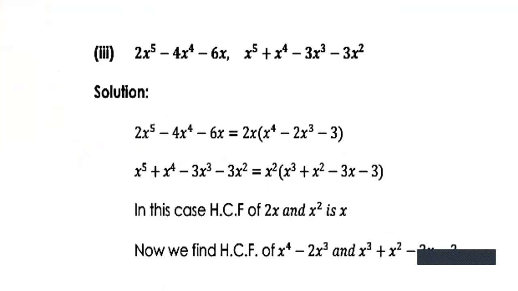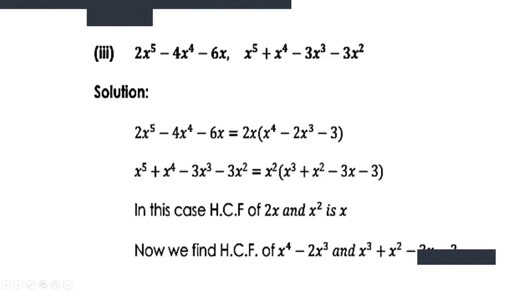In first term they have 2x common. 2x power 5 minus 4x power 4 minus 6x, that is equal to 2x, taking common 2x, then remaining will be x power 4 minus 2x power 3 minus 3. In next term here you can see that x square is common, then taking x square common, remaining will be x cube plus x square minus 3x plus 3.